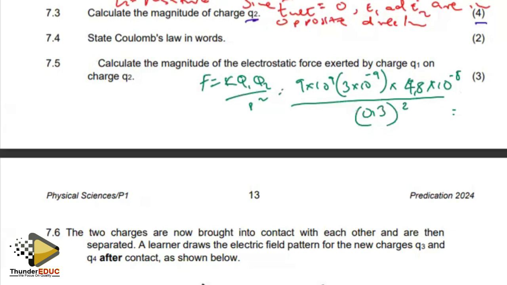That gives me something weird again. I hate this one. So it's 1.44 times 10 to the negative 5. Remember, it's a force, so it's newtons.